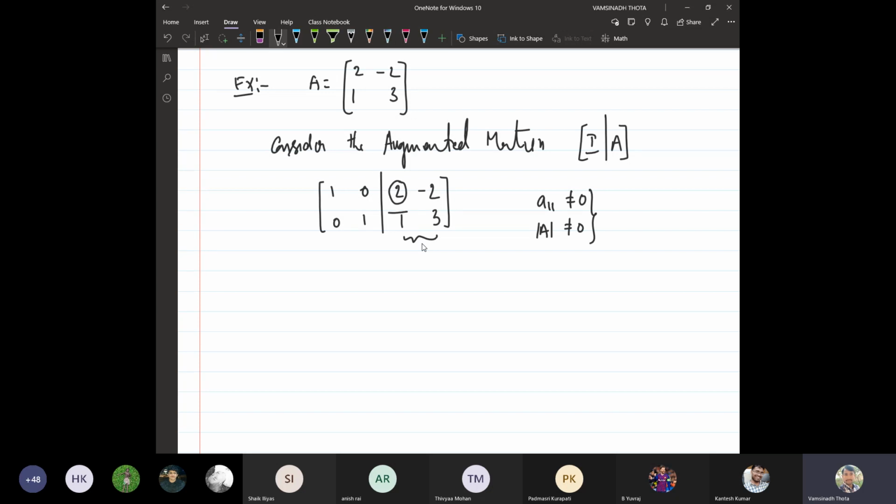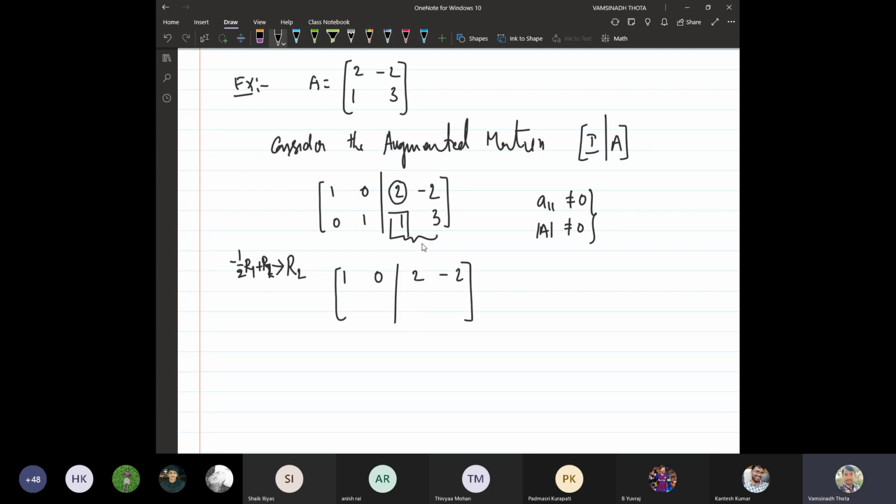What we need to do is make this entry in R2 zero. How? R2 should be changed to minus 1 by 2 times R1 plus R2 replaces R2. So 1, 0, 2, minus 2.